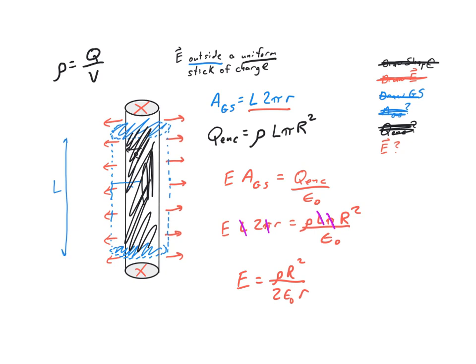Note that for the line of charge example, we had this 1 over r relationship as well. So outside of either a stick or a line or just a big tube of charge, we're expecting this 1 over r relationship that points outwards, or you could have said r hat, either way.